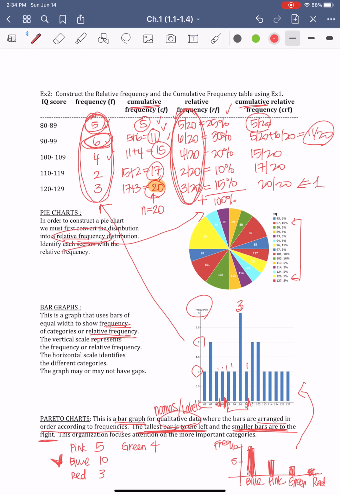You put 96 first and then 87, 101, 103. You can see the highest bar first, but these numbers will be out of order, so it will be very confusing. So the only thing that we arrange in order from tallest to smallest is qualitative data, which is names and labels.